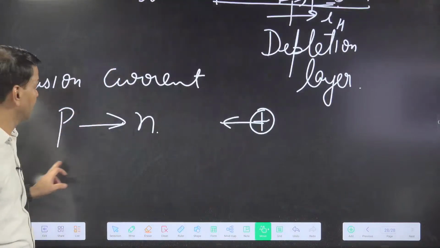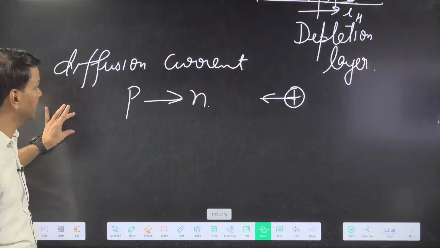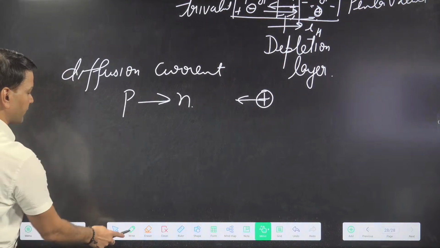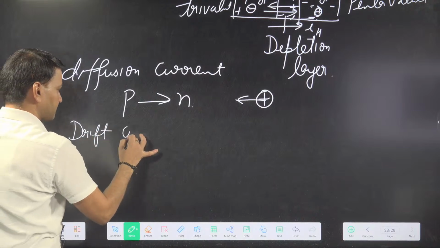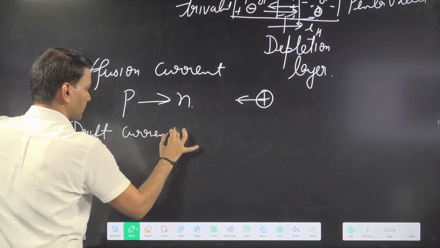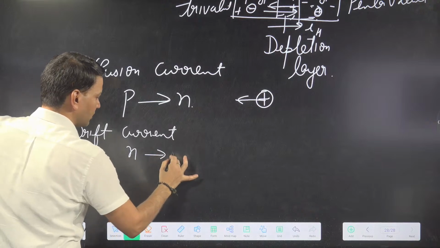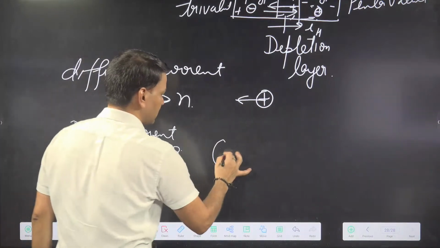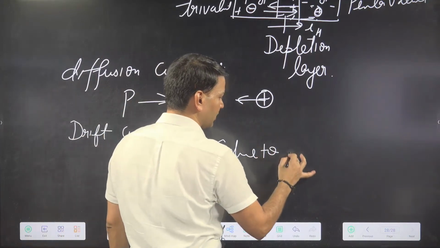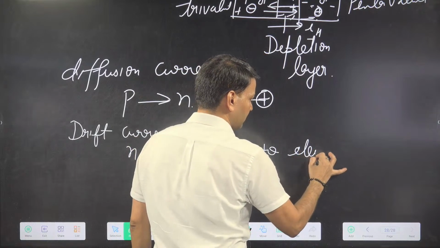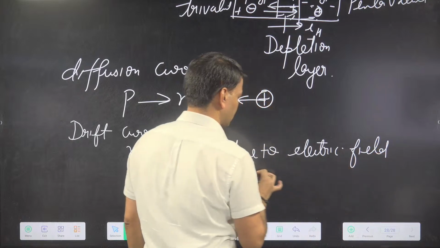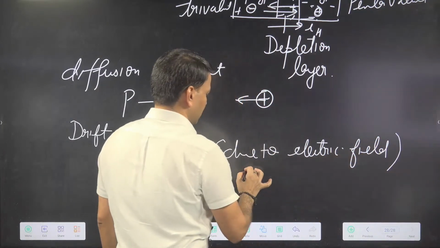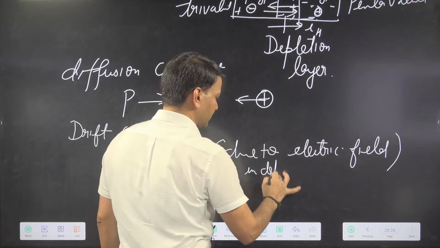So diffusion current is from P to N, and drift current is from N to P. This is due to the barrier electric field, due to the electric field in the depletion layer.